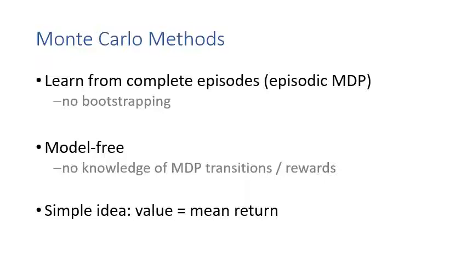Unlike dynamic programming, we don't need to know all the states to update the value function. We just play and record the states and rewards we meet. So the Monte Carlo methods are model-free and we don't need the knowledge of MDP transitions and rewards. Third, Monte Carlo uses the average of sample returns to estimate the true reward.